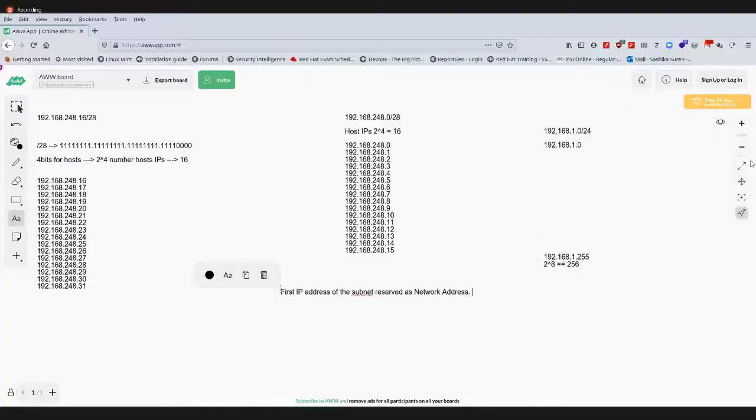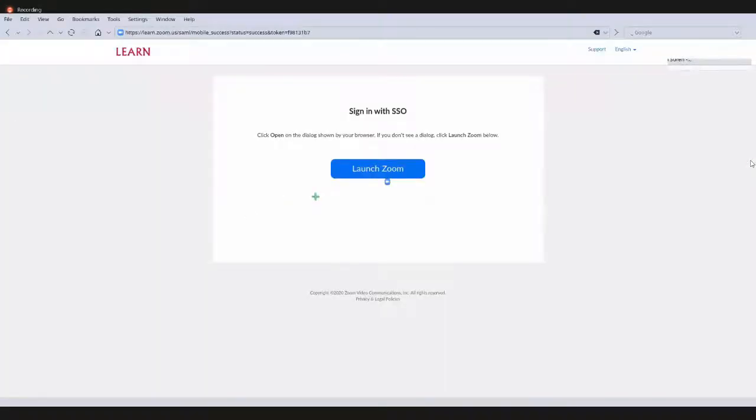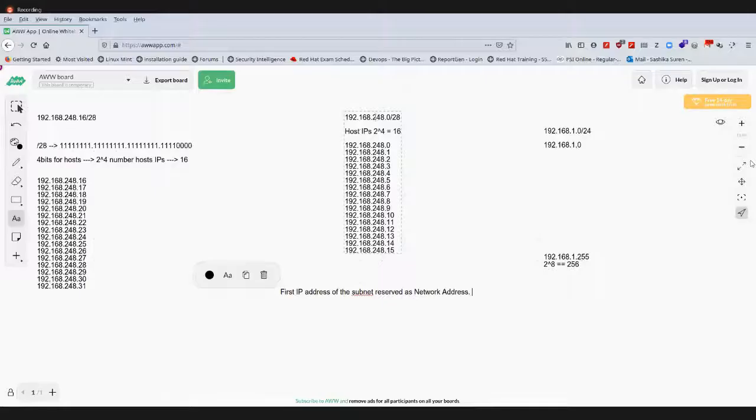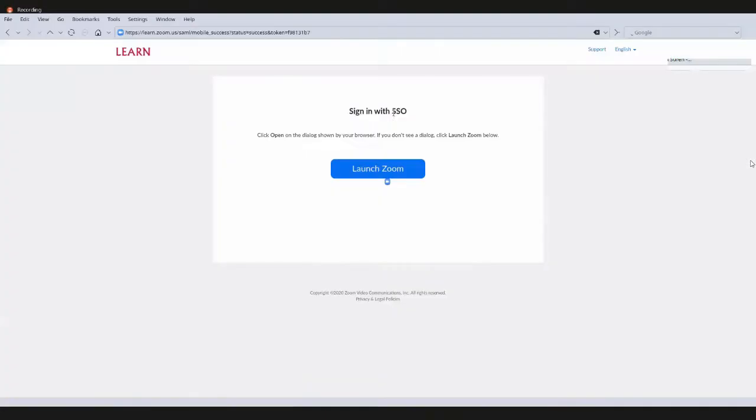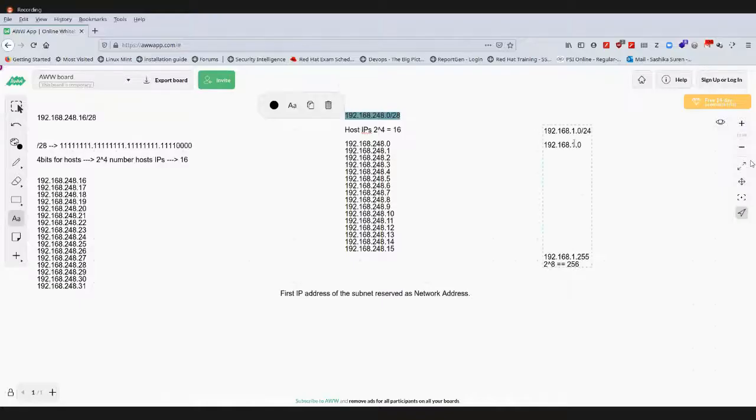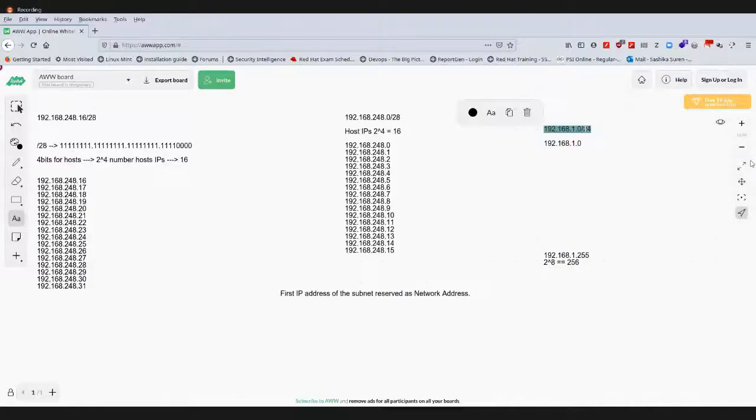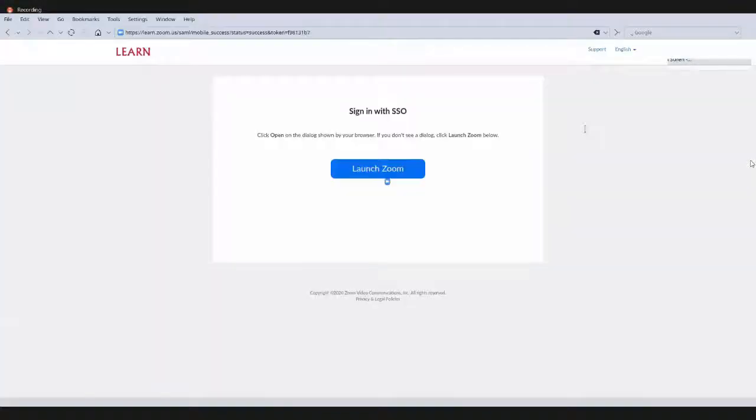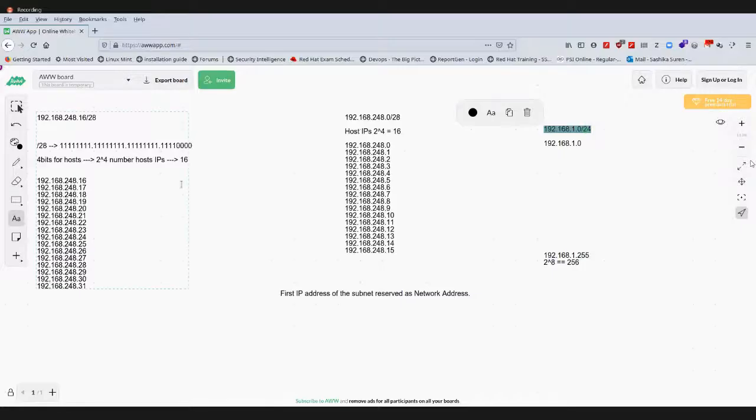Whenever you want to describe your network, here you can see 192.168.248.0/28. That is the first IP address that describes your network. 192.168.1.0/24, that is again the first IP describing your network.